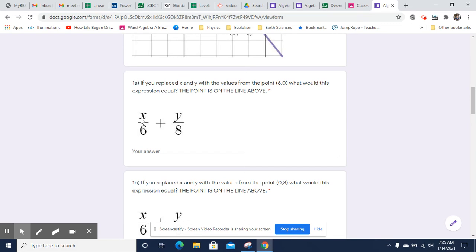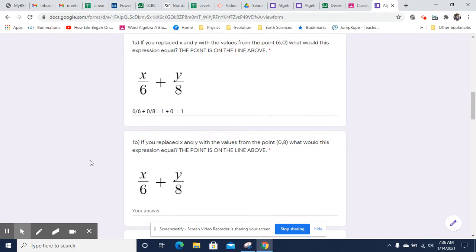So 6 is going to go to x and 0 is going to go to y. Let's just do that. 6 over 6 plus 0 over 8 is going to equal 1, because 6 over 6 is 1, plus 0 over 8 is 0. And so that's just going to equal 1. That's the answer there.